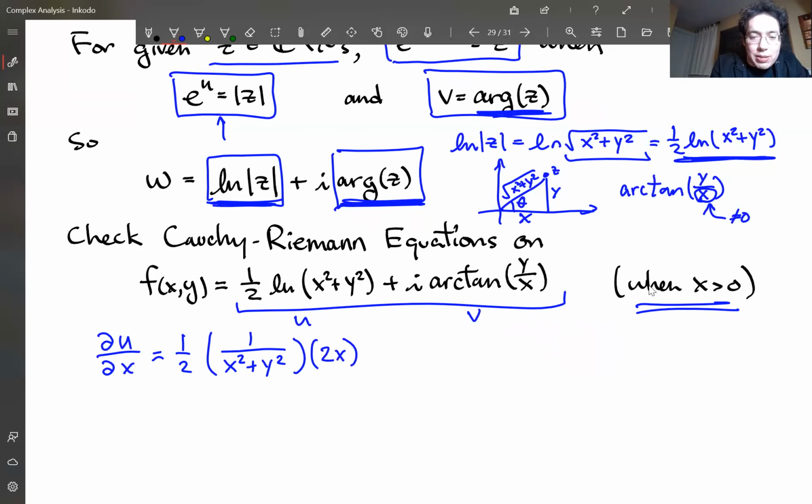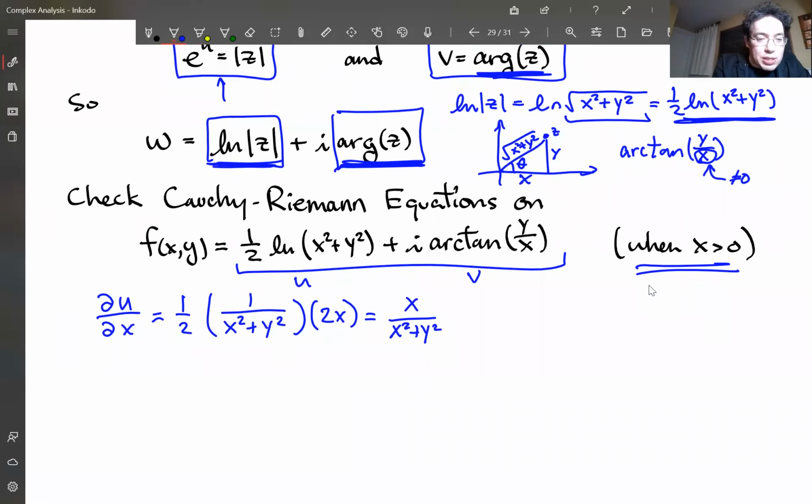The derivative is 2x. The 2 and the 1/2 in front will cancel out, and that's the derivative. According to the Cauchy-Riemann equations, this should be equal to the derivative of v with respect to y.